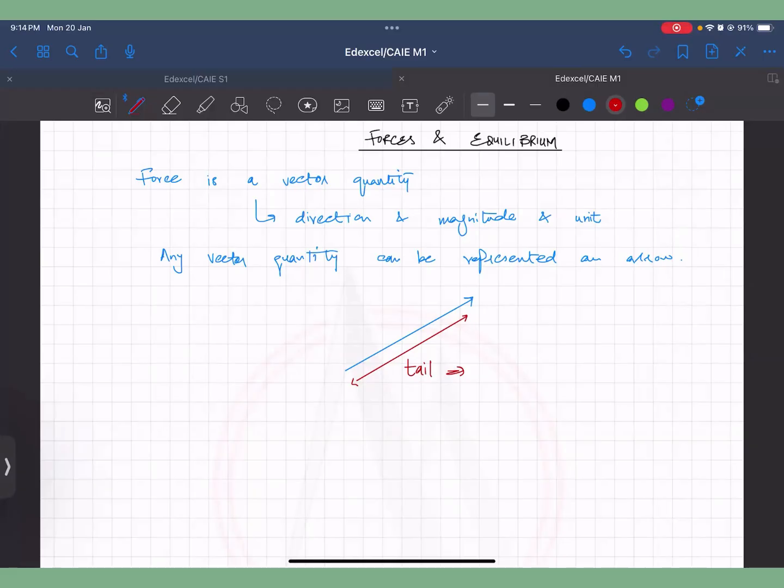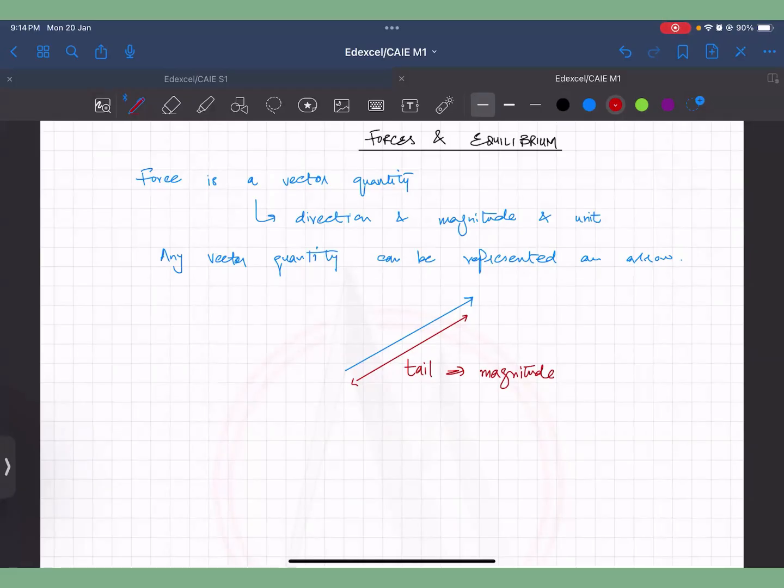It tells you about the magnitude of the vector. A shorter arrow has a lower magnitude, and an arrow with a longer tail would have a larger magnitude.